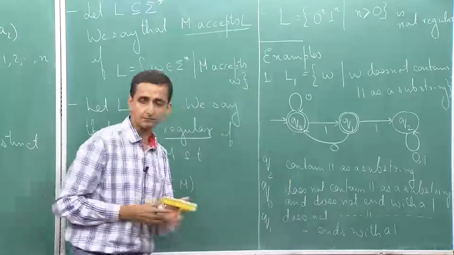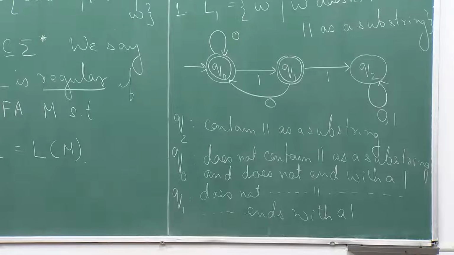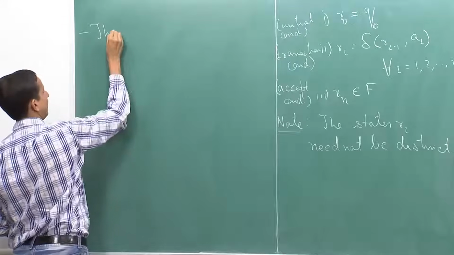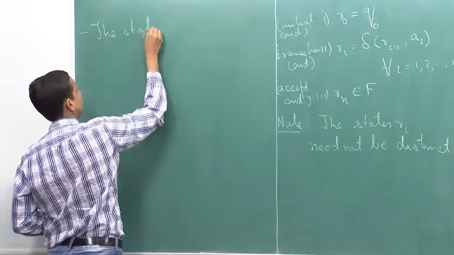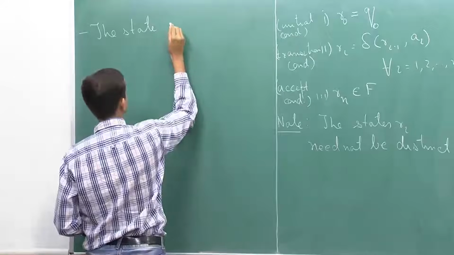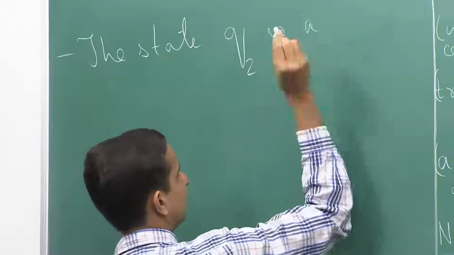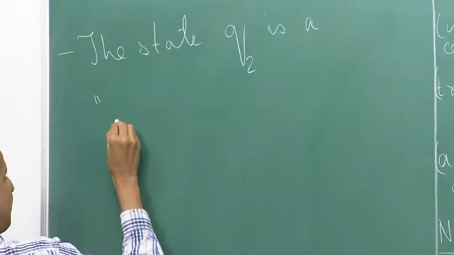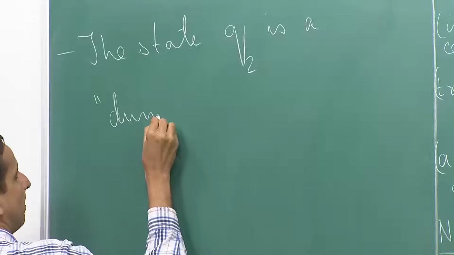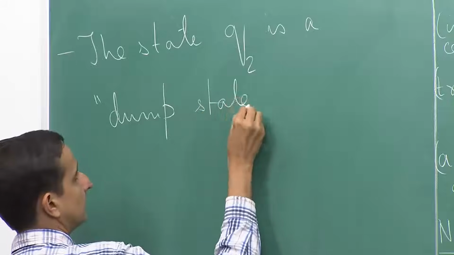In this example, the point that I want to emphasize is that the state Q2 is what we call a dump state.